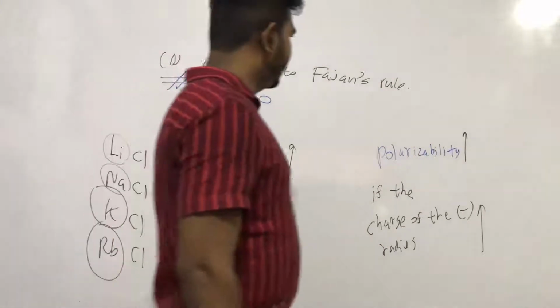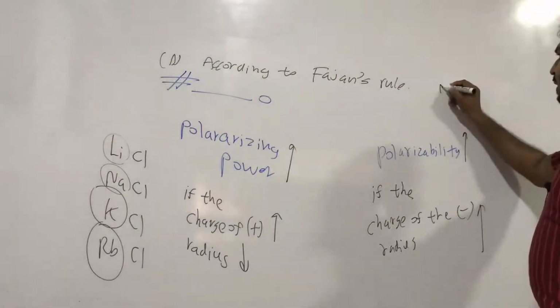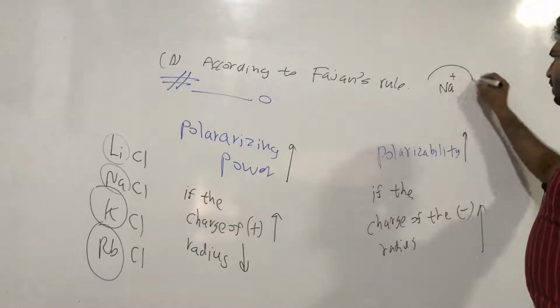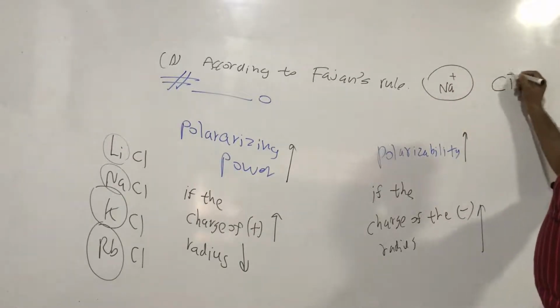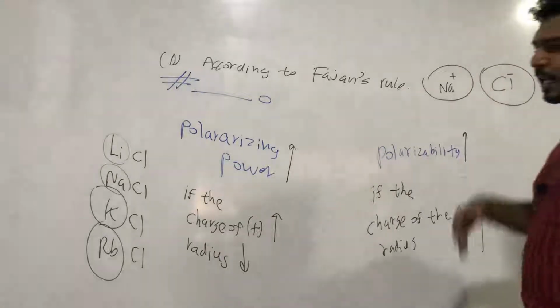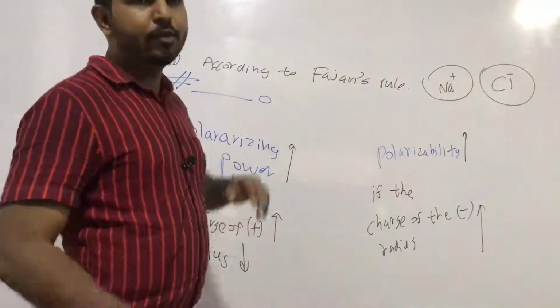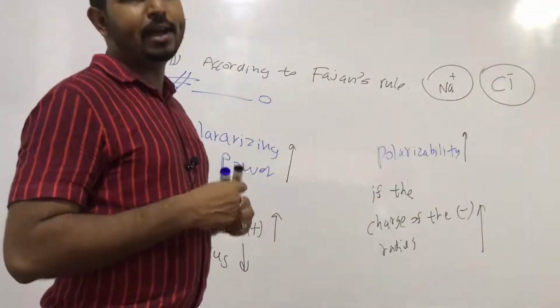So if we consider a cation and an anion, the cation has the ability to attract the electron cloud of the anion.